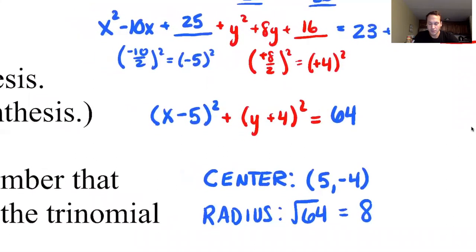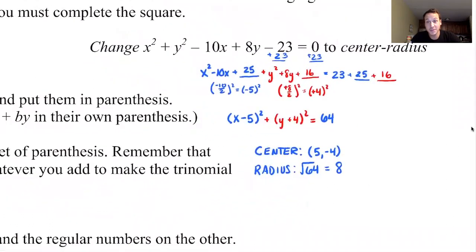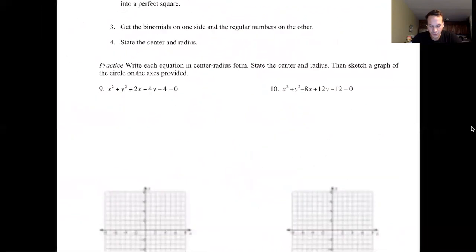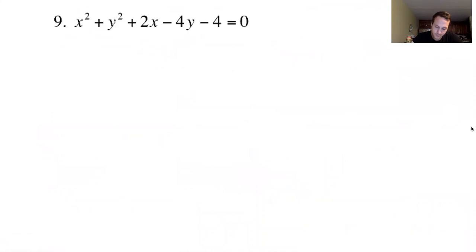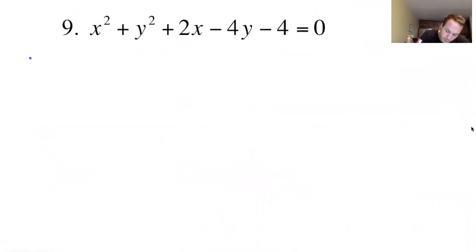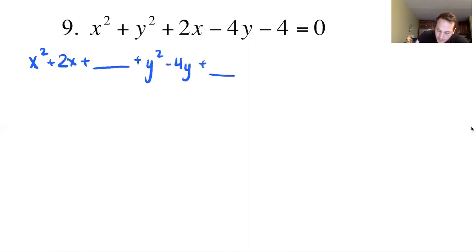Okay? So in the beginning of the year, when we say completing the square is important, completing the square is important. Okay? We've got 2 more, and then we've got to graph them. We rewrite. Remember, when we rewrite, we move that constant over with 2 blank spots.